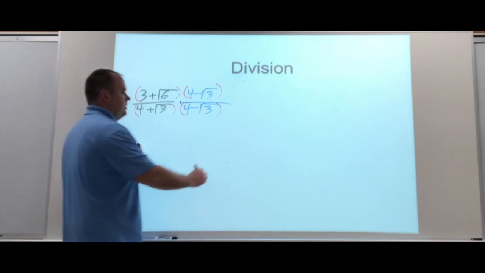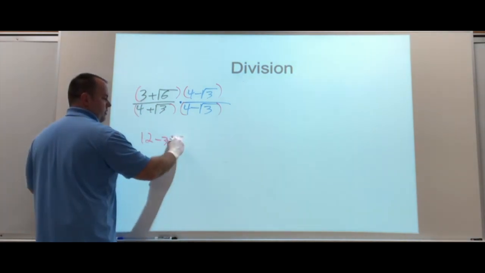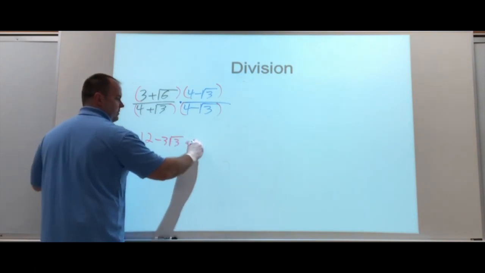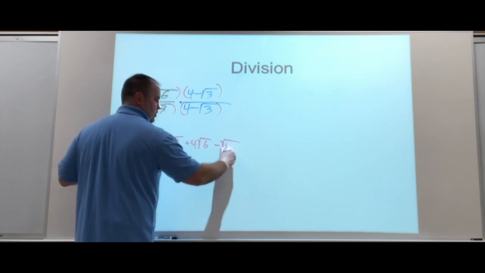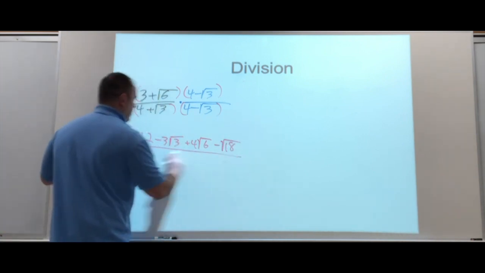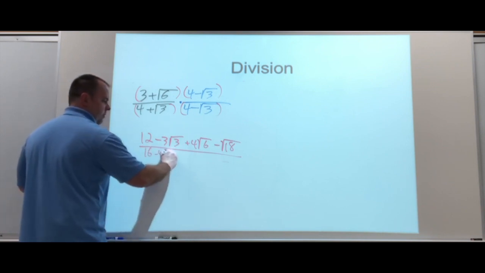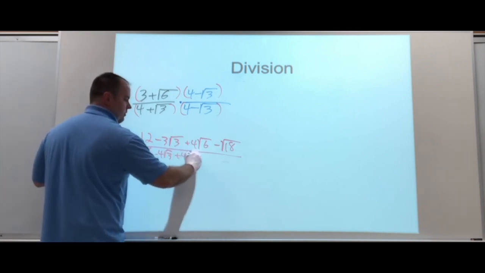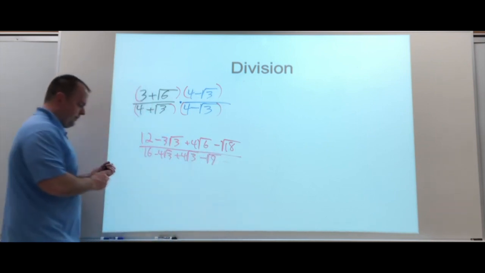So up top, we're going to have 12 minus 3 square root of 3 plus 4 square root of 6 minus square root of 18. Down below, we're going to have 16 minus 4 square root of 3 plus 4 square root of 3 minus square root of 9.